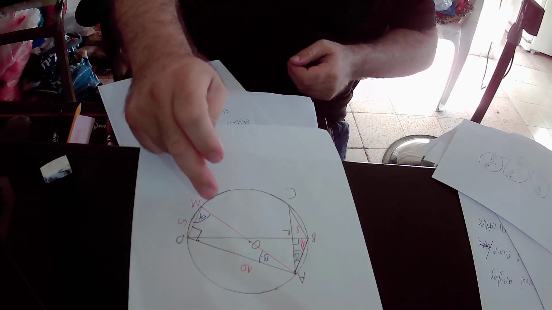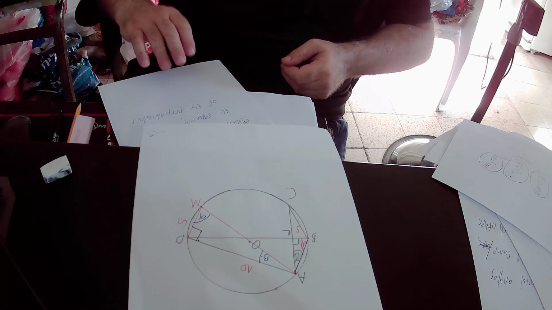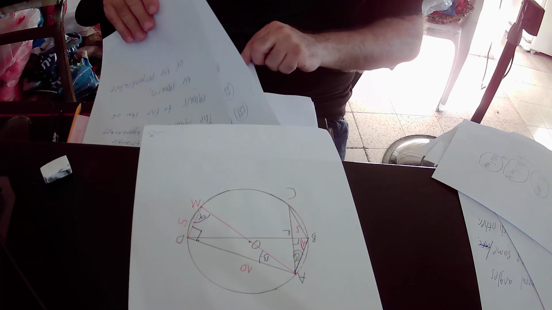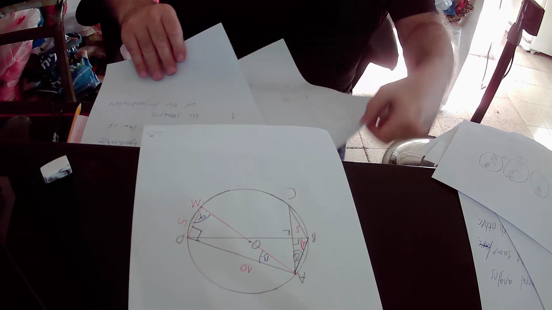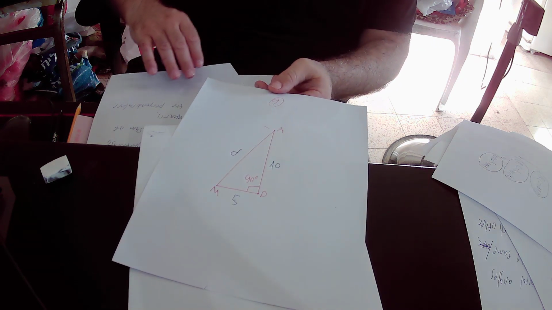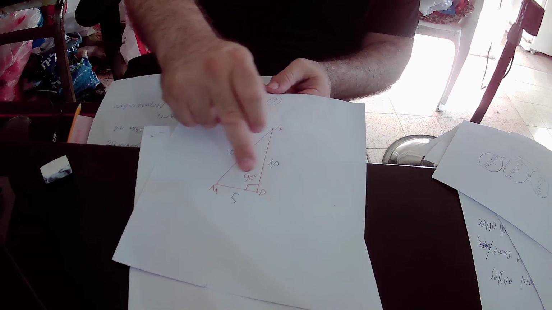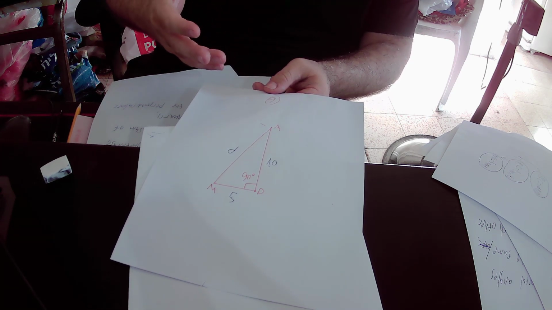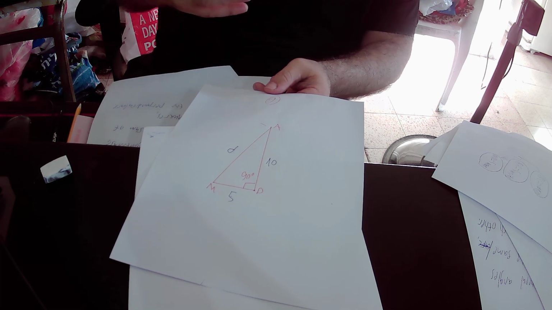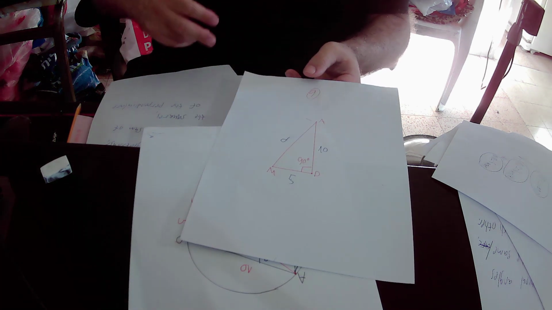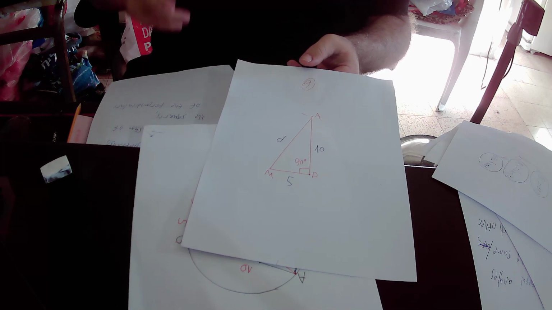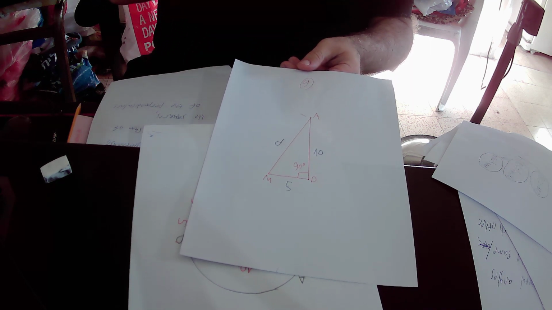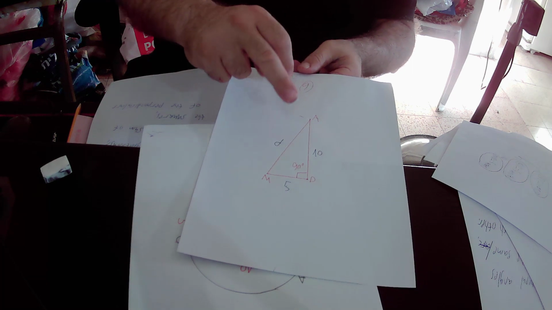Okay, so we actually have the right triangle ADM. And in this right triangle, we know that side AD equals 10 units, side MD equals 5 units, and AM is the diameter of this circle that equals 2 times the radius. So we can implement the Pythagorean theorem in order to find the variable D, the hypotenuse of the right triangle ADM.